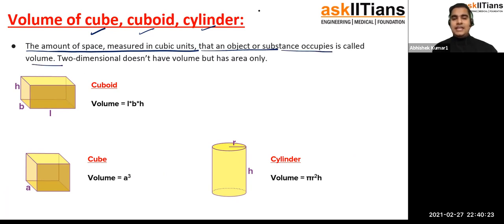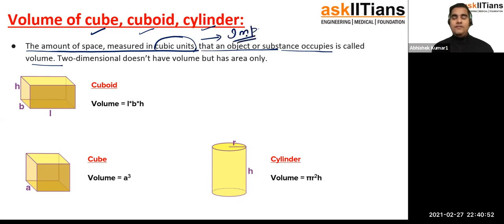Basically, how much space any given object is going to occupy, that amount of space is referred to as the volume of that particular object.